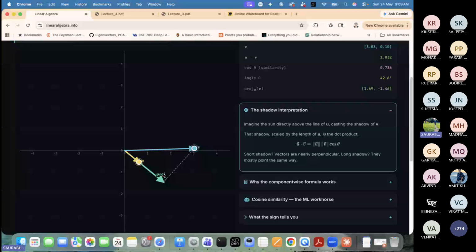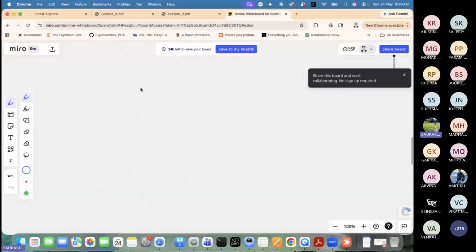Okay, sir. Thank you so much. Just for the sake of understanding, let me tell you something that may clarify your intuition. When you write v dot v, what is v dot v? V dot v is nothing but the squared length of the v vector, right? Because v dot v is how much amount of the v vector is aligned with itself.